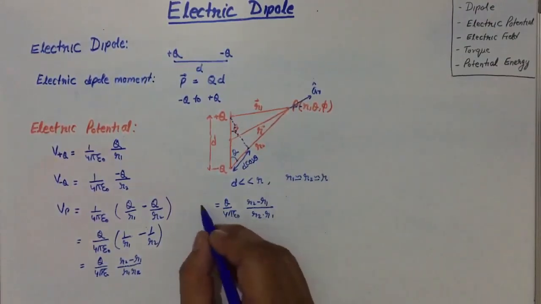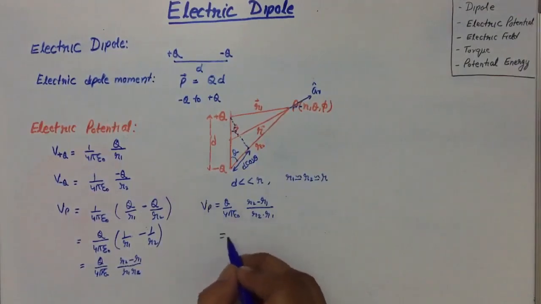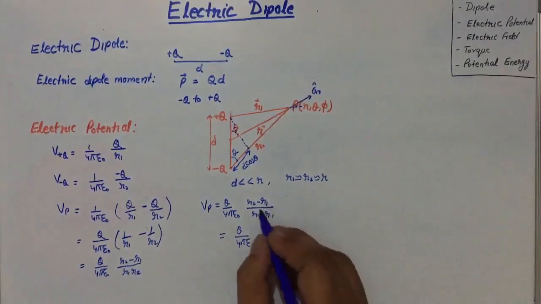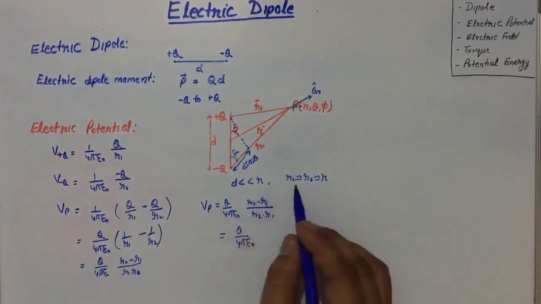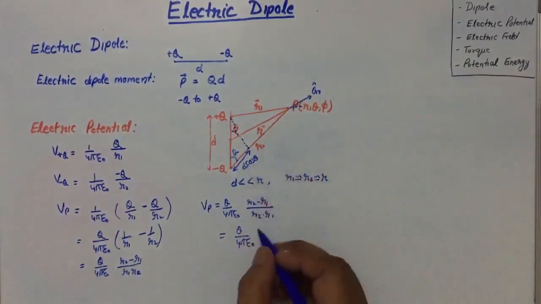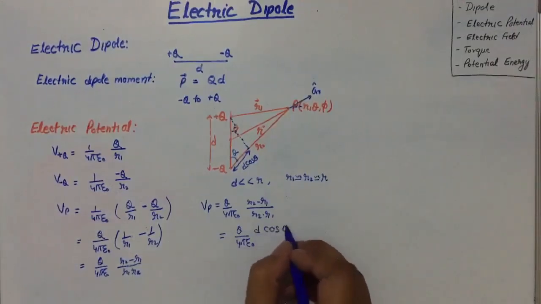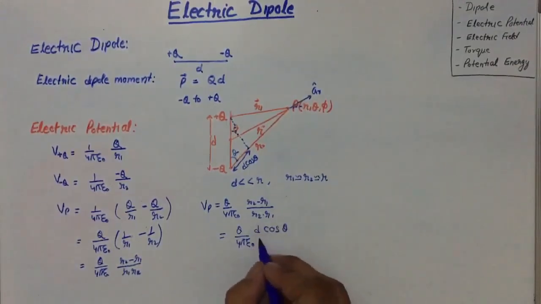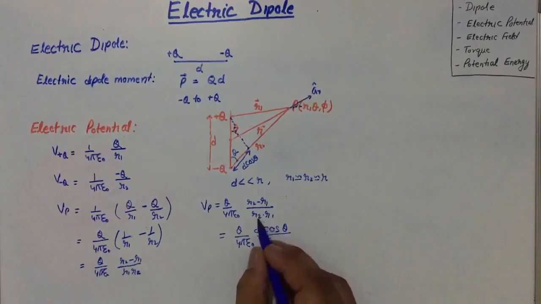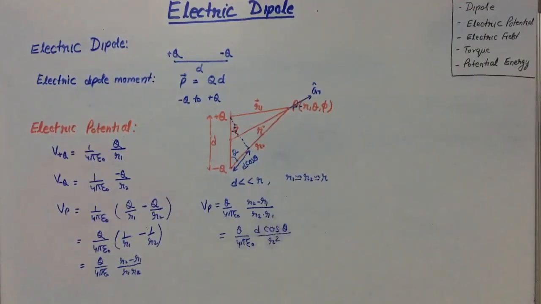So this term can be further modified: 4 pi epsilon naught, here we can place d cos theta, and this can be written as r into r, that is r square.